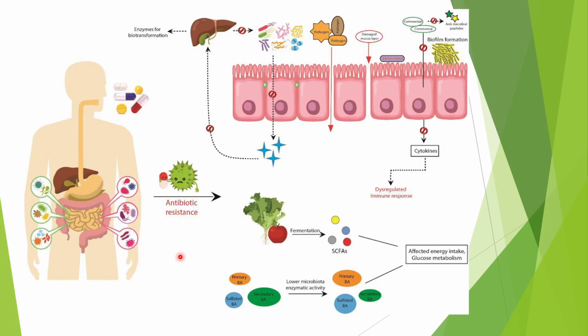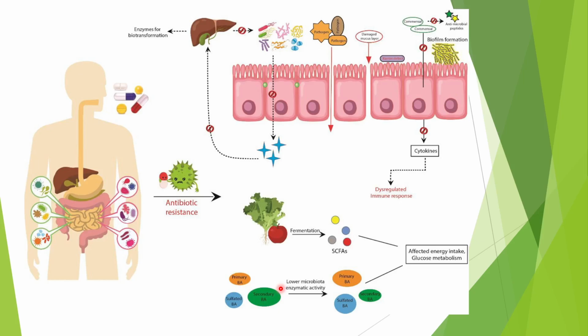So we can see this. We have different types of microbes that are present in our gut. So every microbe has certain particular benefits it gives the host. So it lives in commensalism. A few of them help with enzymes for biotransformation. Then a few of them help in maintaining the mucus layer. A few of them help in cytokine production. A few of them help in fermentation, production of short chain fatty acids.